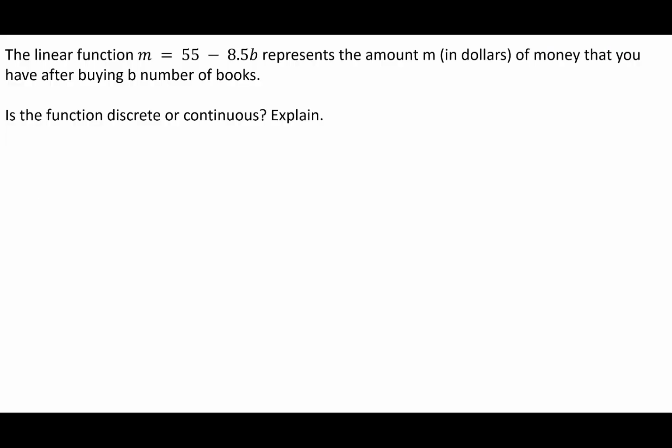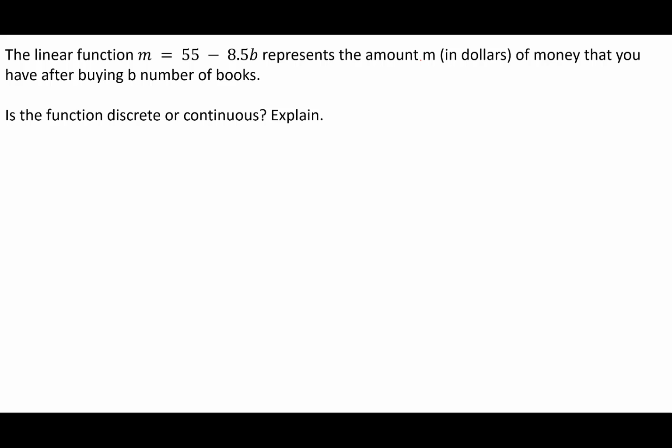Now, if we're looking at a situation, it says the linear function m equals 55 minus 8.5b represents the amount m in dollars of money that you have after buying b number of books.